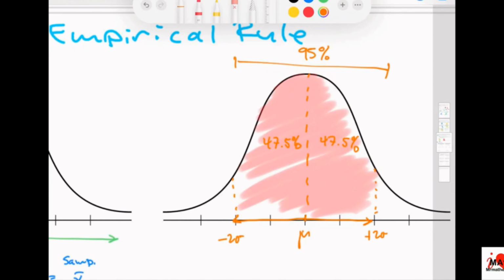Now, you might come into a situation that looks like this. Let's try that again. There's the center.